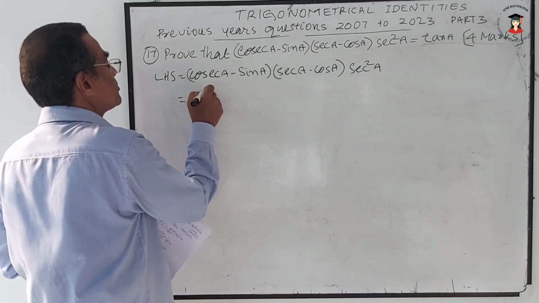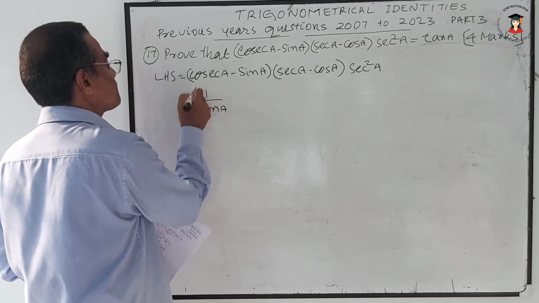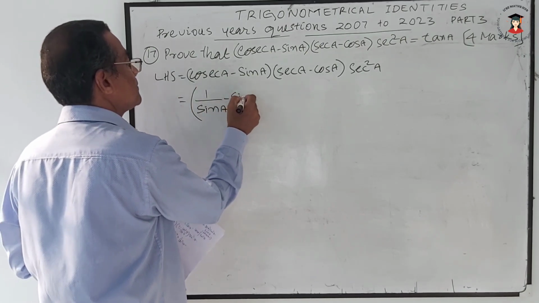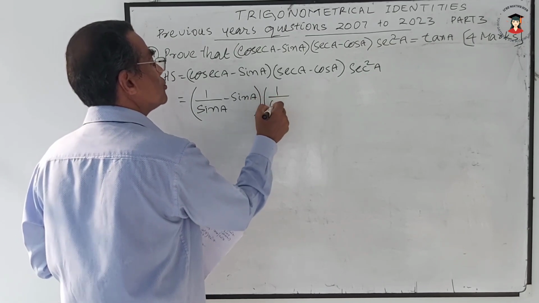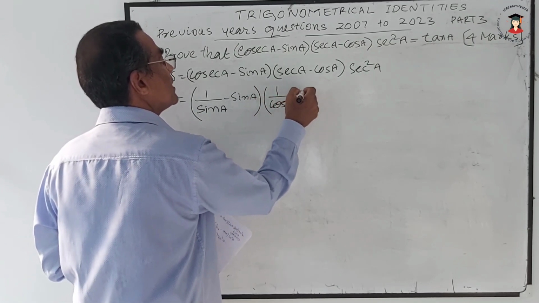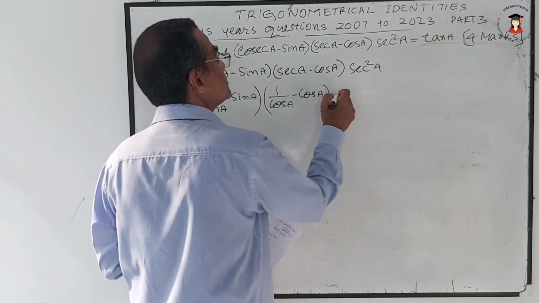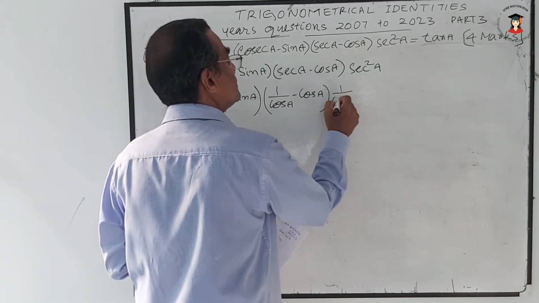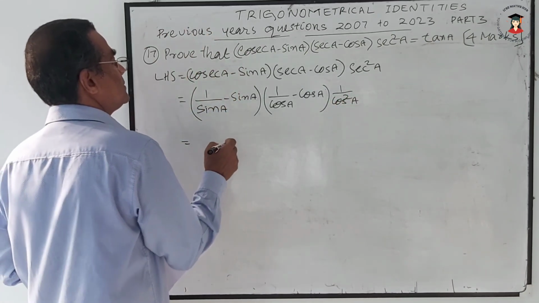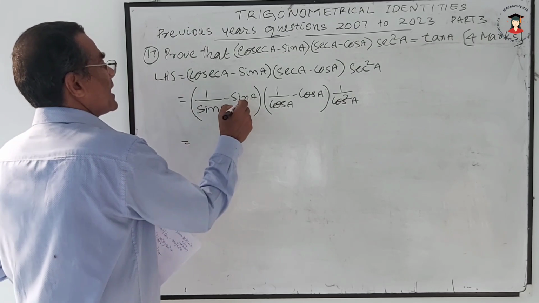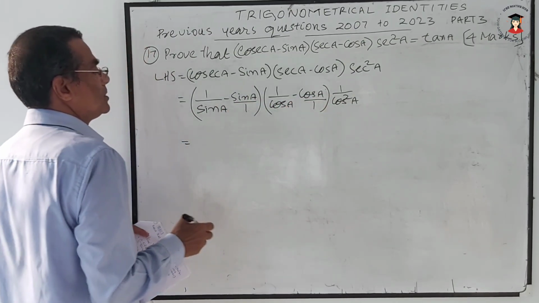So cosec is reciprocal of sin, 1 by sin A minus sin A, into sec is reciprocal of cos, 1 by cos A minus cos A. Tan square A means sin square A by cos square A. Equal to, sin A means sin A by 1, cos A means cos A by 1.